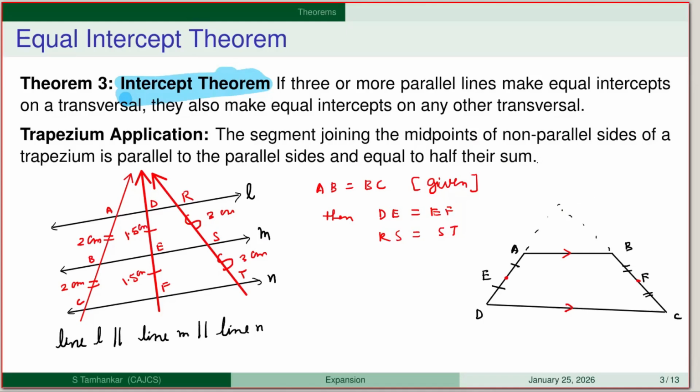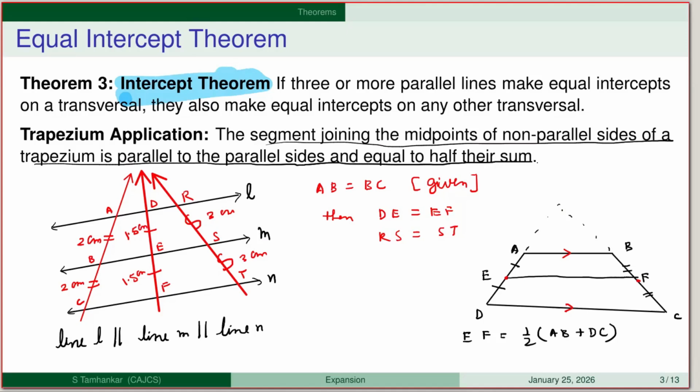The property we have to prove is that EF is equal to half of AB plus BC. The segment joining the midpoints of the non-parallel sides of a trapezium is parallel to the other sides and equal to half of their sum.